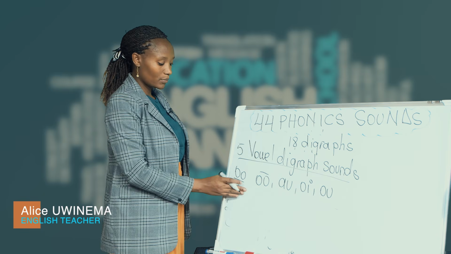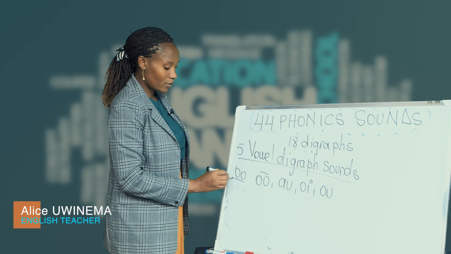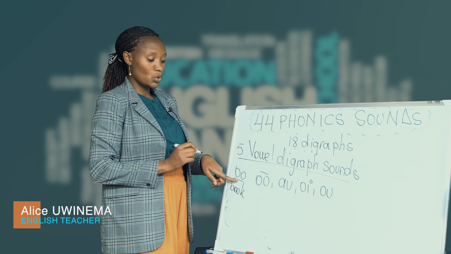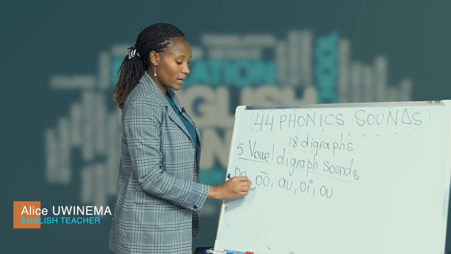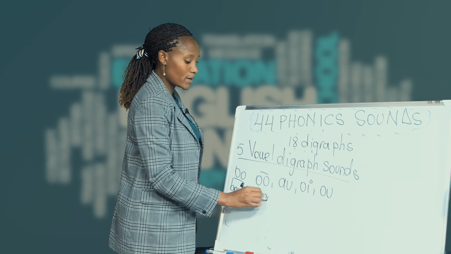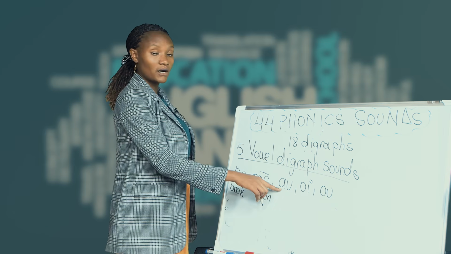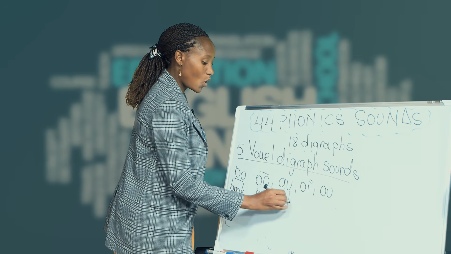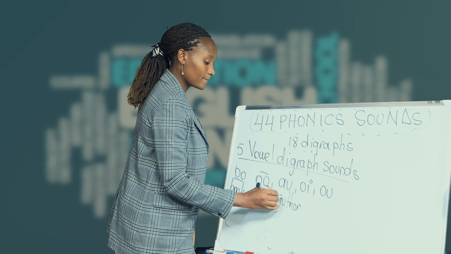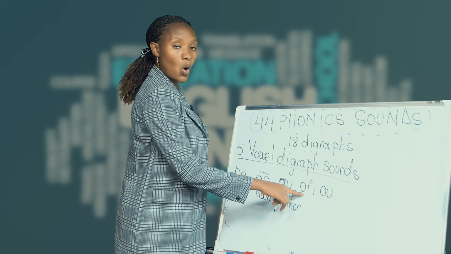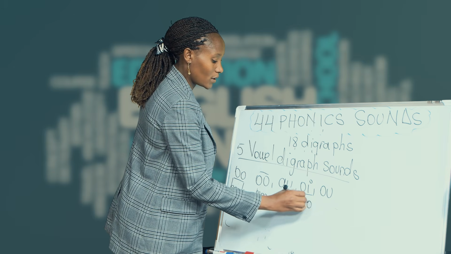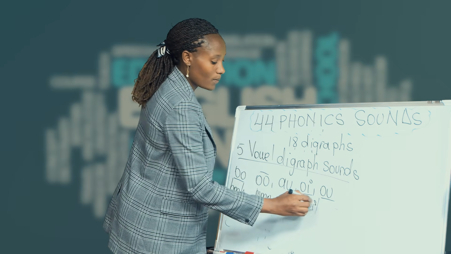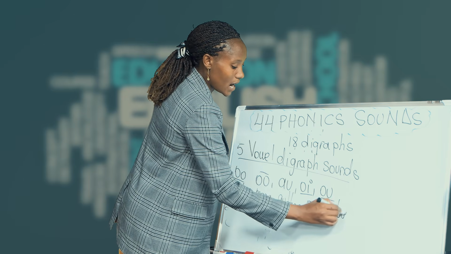Let's see some examples. Here we have words like book, the short oo. The long oo, we have words like moon. We have aw, such as in the word author. We have oi in words like oil, and ow in about.